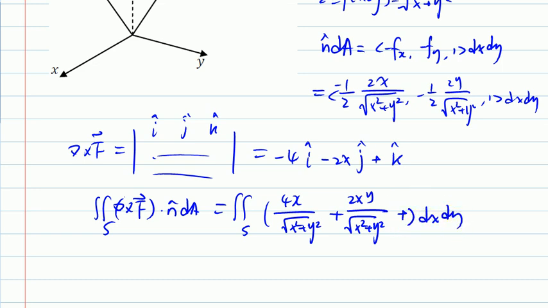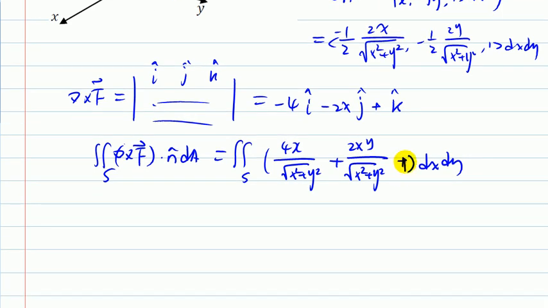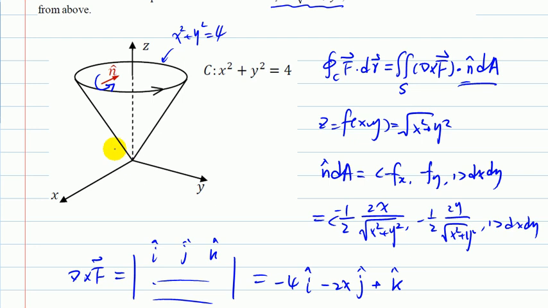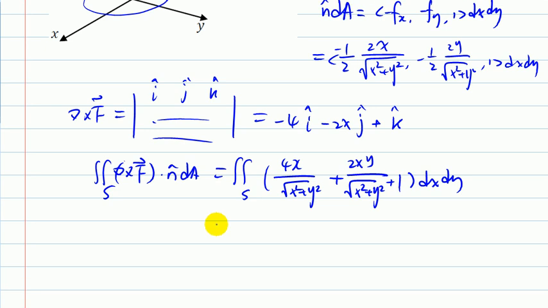If you want to use Cartesian coordinates to do it, that's fine, but there's a better way, because this requires determining the limits for x and y. The shadow of this cone, or the surface, in the xy plane is a circle. So you might want to consider using polar coordinates. That would be much easier.